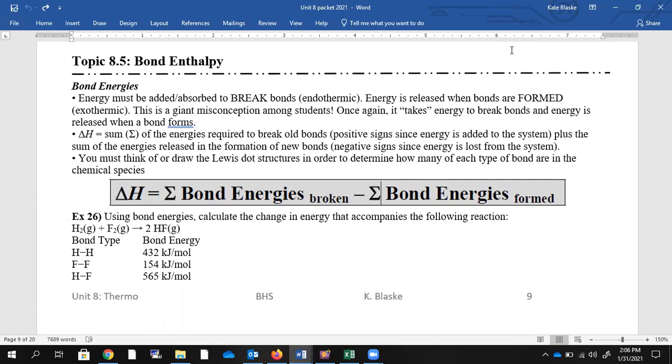When we have chemical bonds, we must put in energy to break bonds. Breaking bonds is an endothermic process. When we form new bonds, energy is released. That is exothermic when we form bonds. People get this backwards all the time.